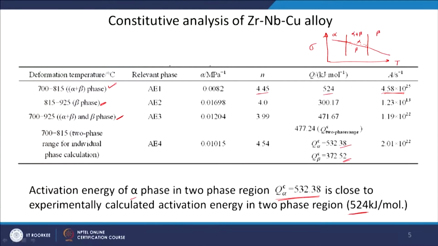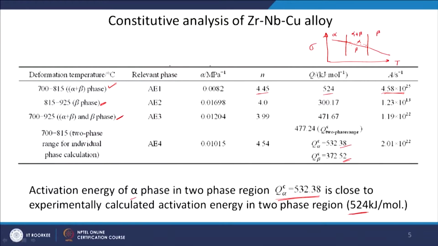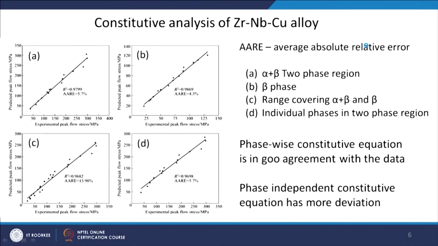Which we found out is coming very close to the actual flow stress results. That means I could extrapolate it, and if I combine both I am able to get what we are getting through experimental data, the flow stress in the two phase region. So that is how we calculated the activation energy for alpha and beta, and we could show that the alpha phase is the dominant phase.